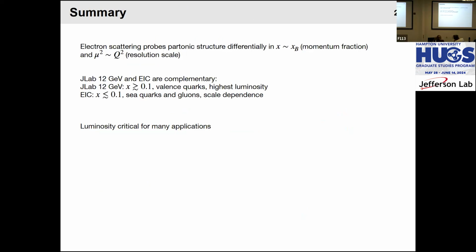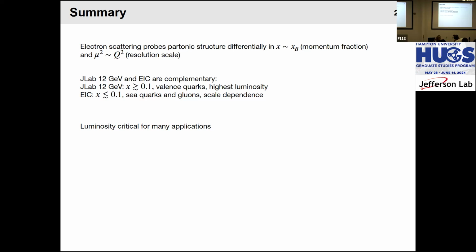And so this summarizes the part on electron scattering. We see that electron scattering probes partonic structure differentially in x, which is very closely correlated to x Bjorken, and in the scale mu squared, with the variables x Bjorken and Q squared directly related to the partonic variables x and mu squared.